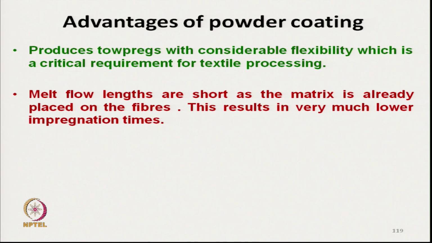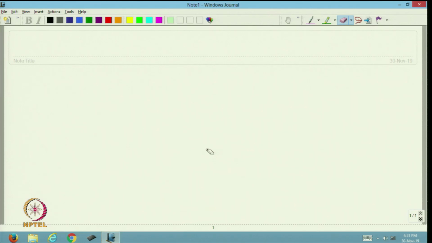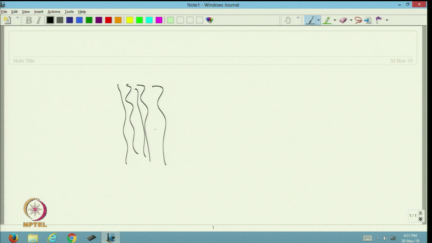Now, let us see in hybrid yarn what we have seen. Suppose these are the reinforcing component and these are the matrix component.